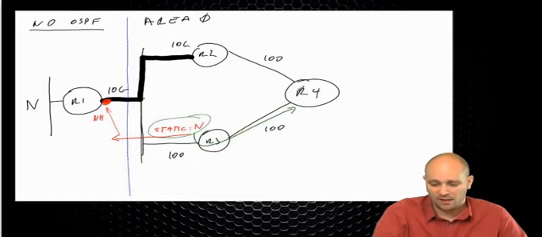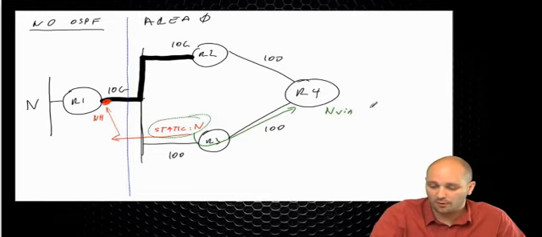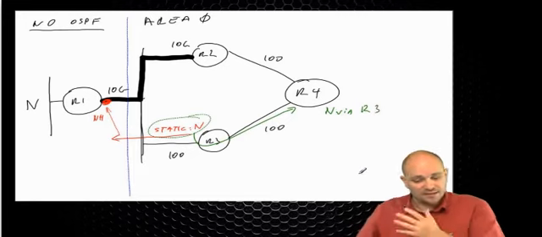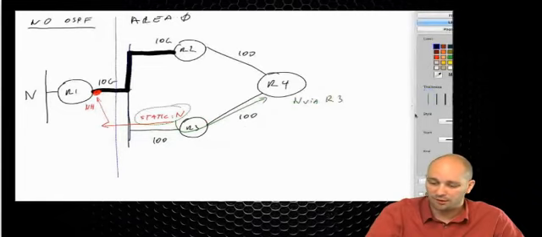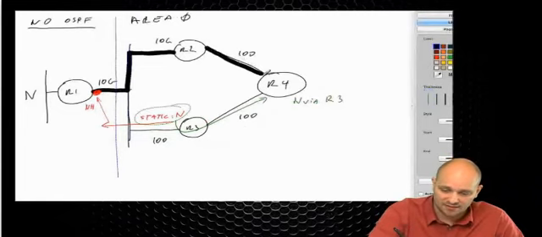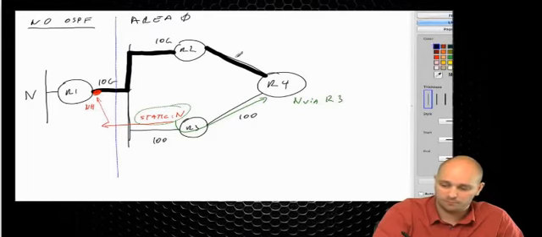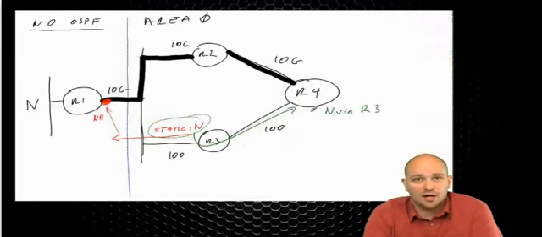So when we arrive at R4, here we are going to have information that network N is reachable through R3. Now, the amount of traffic that we can send there, and let's make it even more fun. So I'm going to actually change something here. So let's say that this is a 10 gig interface as well. So this is a 10 gig interface here.